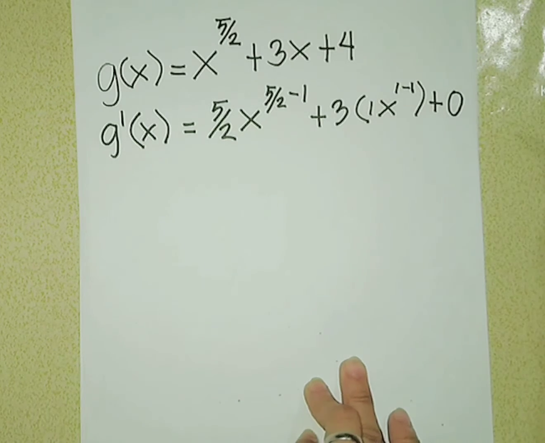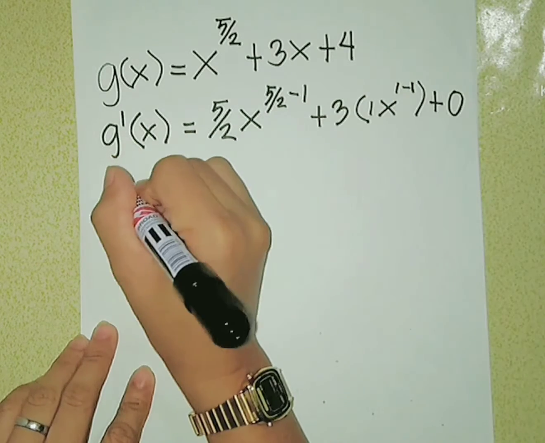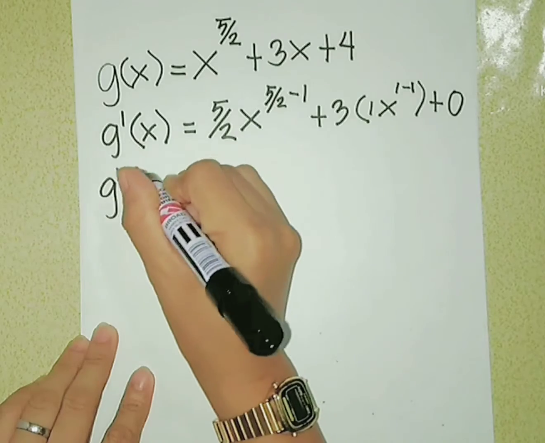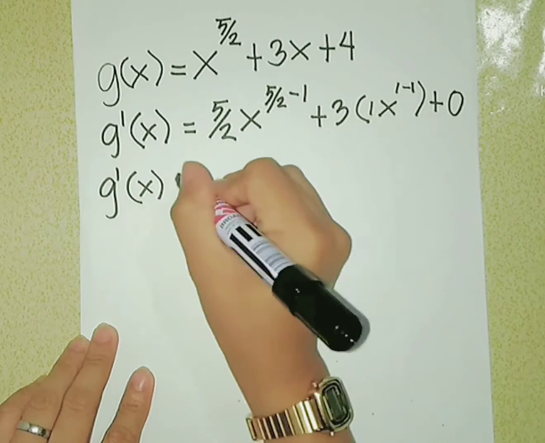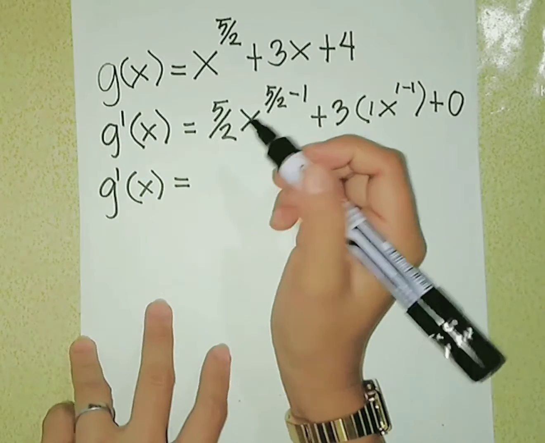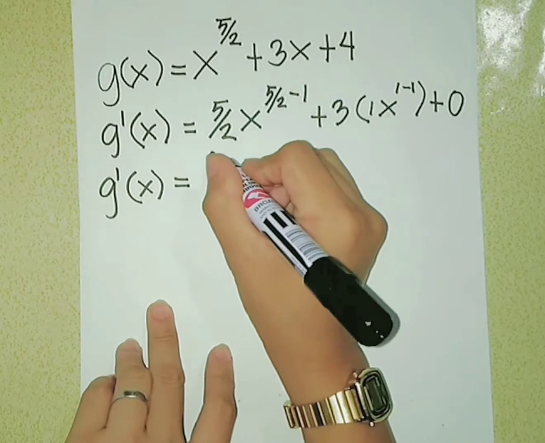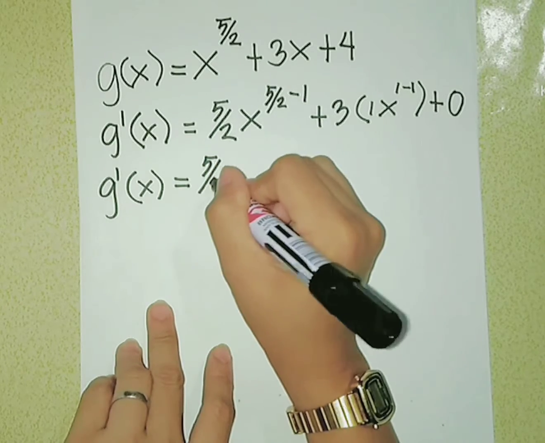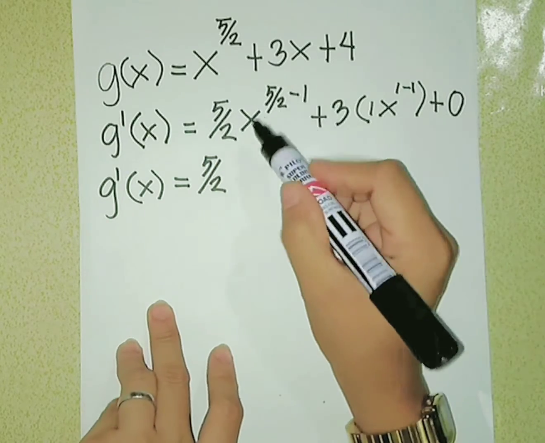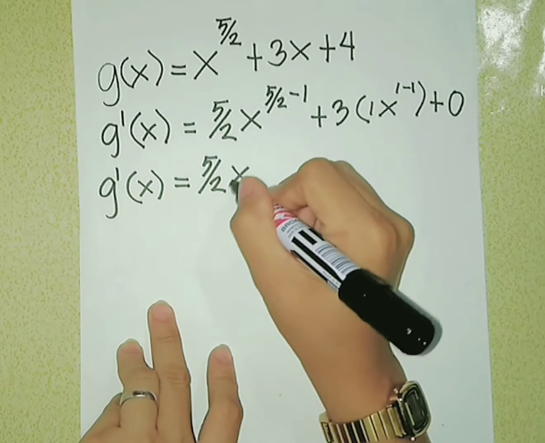0. So we got g prime of x equals, so we write down the 5 over 2 and then multiply by x.